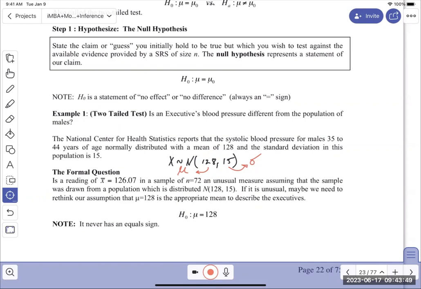The question asks, is an executive's blood pressure different from the population of males? It says different. Not higher, not lower, just different. So I begin with my status quo belief, no difference. This is the null hypothesis of no difference.